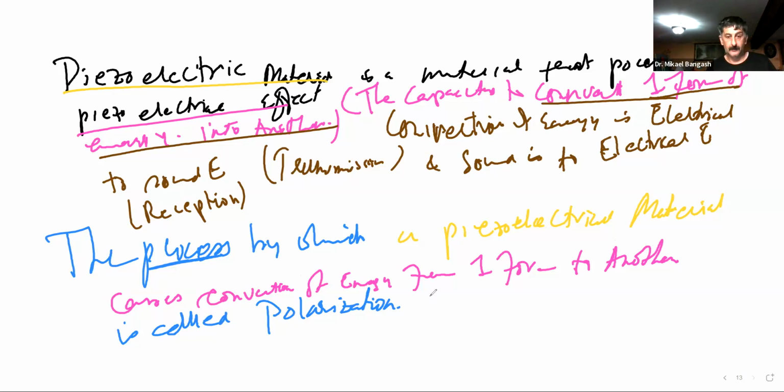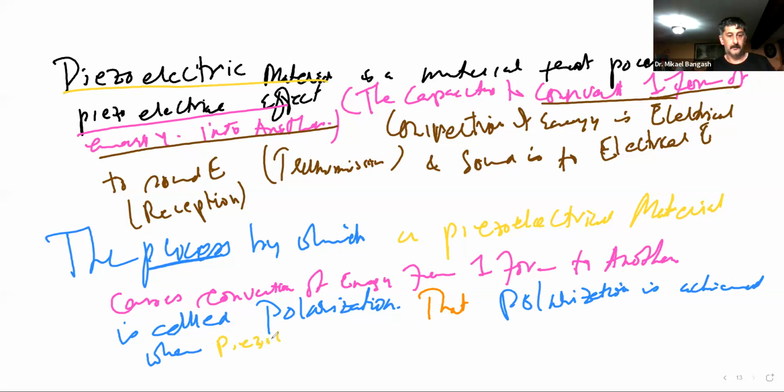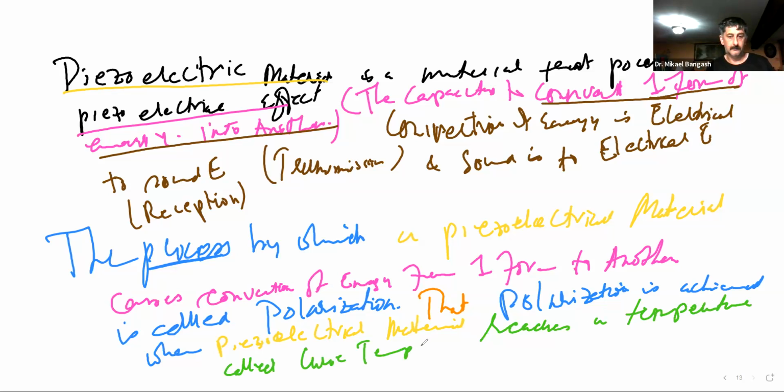And at last, we can say that polarization is achieved when the piezoelectrical material reaches a temperature that can be called either the Curie temperature, or they may also just call it the Curie point.